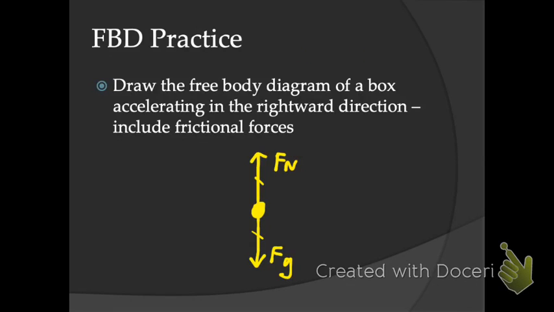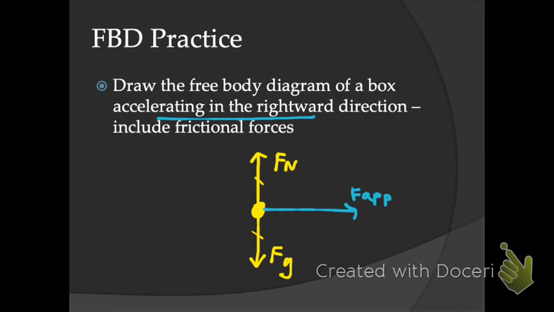Now for the horizontal direction. It says it's accelerating to the right, which means I've got some sort of applied force to the right. Doesn't really matter what it is. Something's being applied to the right. But it says I need to include frictional forces. So is my frictional force going to be equal to my applied force?